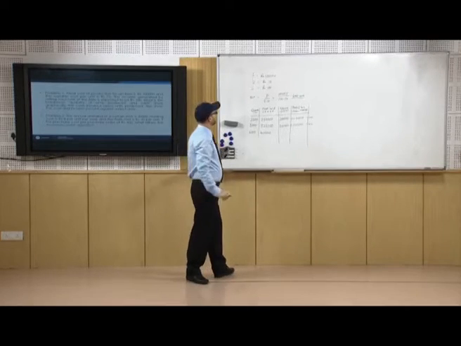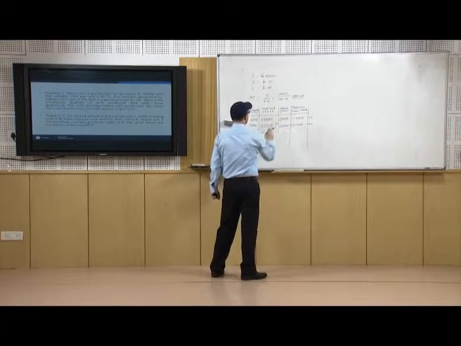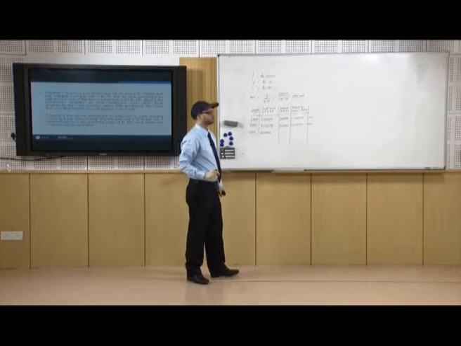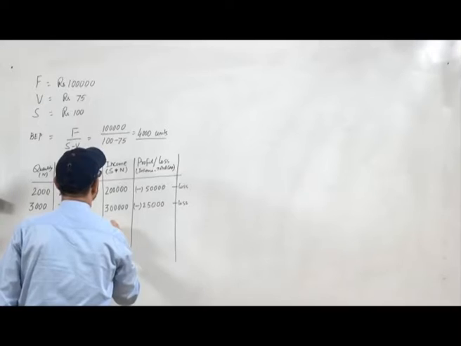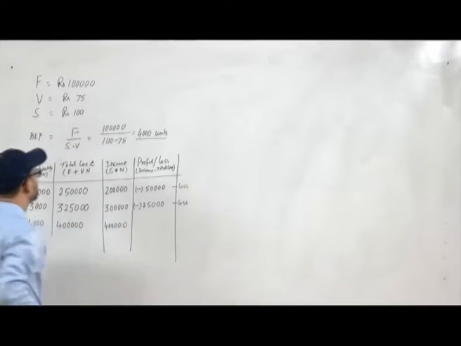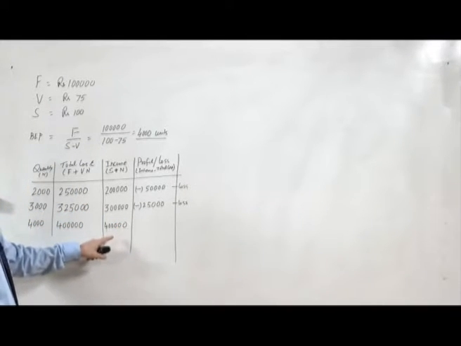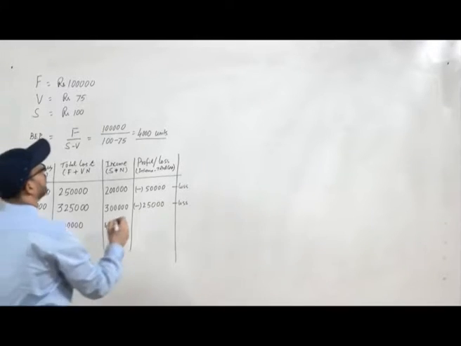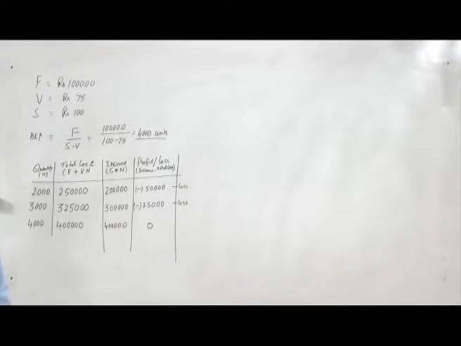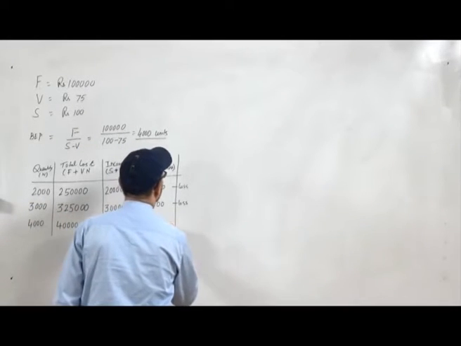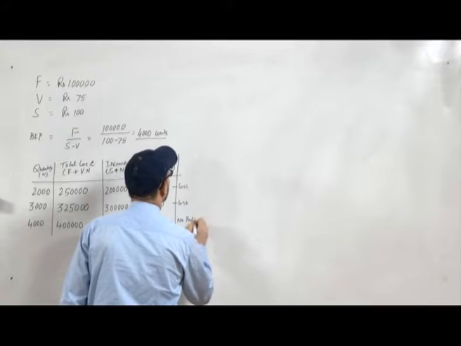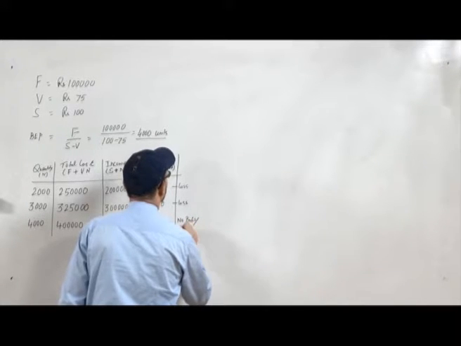The income is S into N. S is 100 and N is 4,000, that is 4 lakh. What we see is income is equal to total cost. So, you have 0 profit or 0 loss. So, we can say this is no profit, no loss.